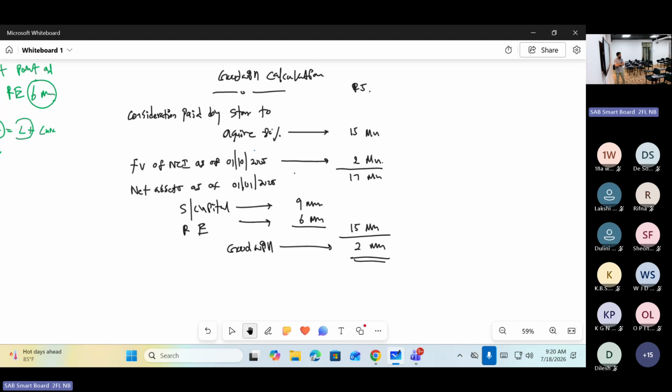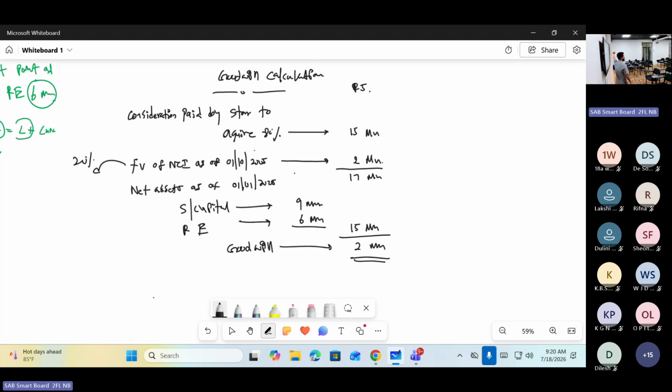Goodwill calculation. The consideration paid by Star is 15 million to acquire 80%. For the remaining, how much? NCI. NCI කොච්චරද? 20%. Fair value of 20% NCI as of this day.